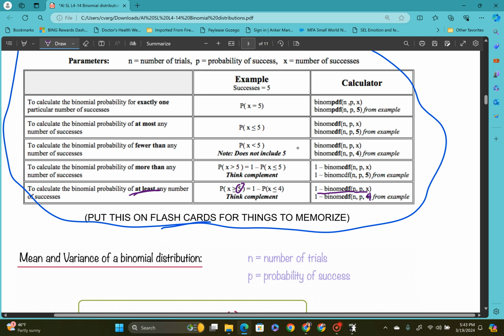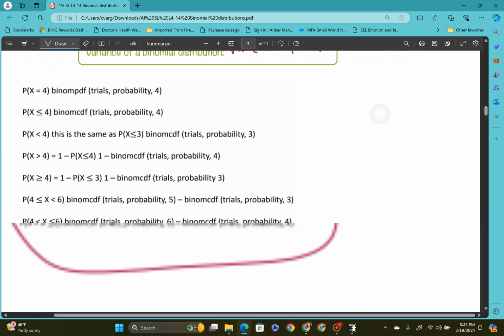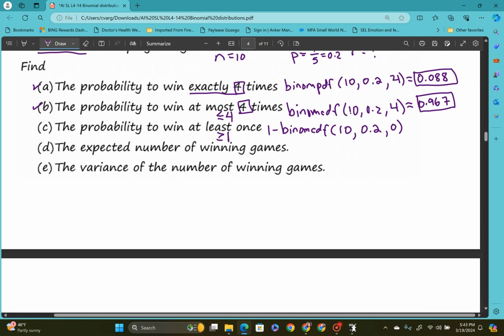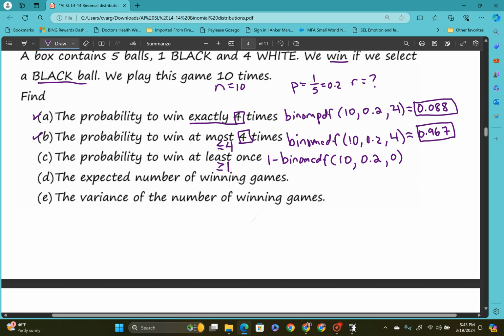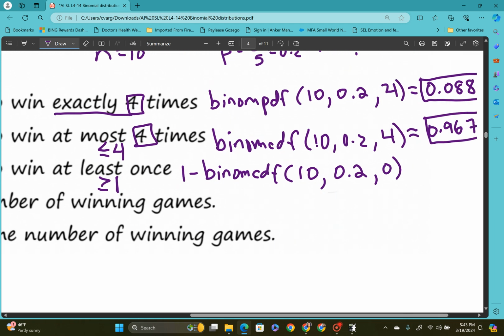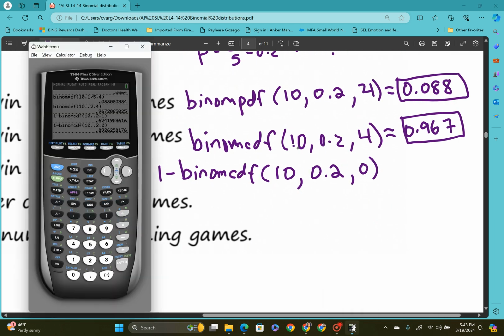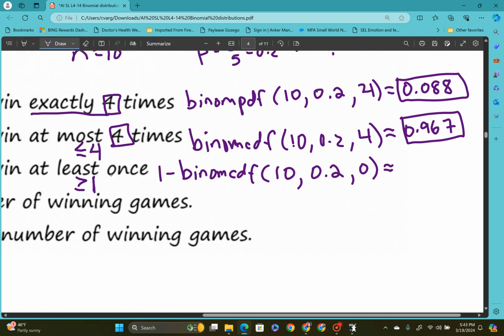So you have to subtract 1 from the number for the r. So 1 minus 1 is going to be 0. That's where I'm getting that from. And if we plug this into our calculator, we're going to get 0.893. So 0.893 is our answer for at least 1.